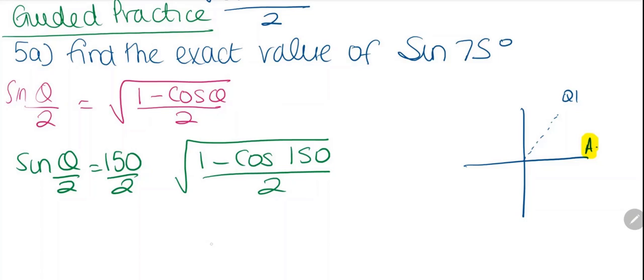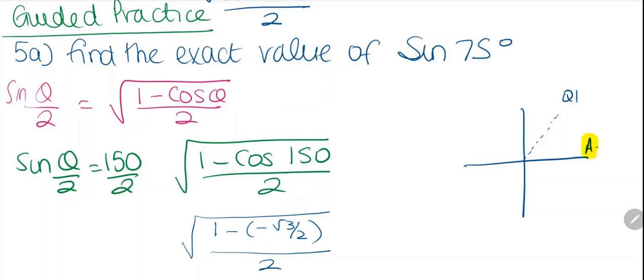So let's substitute in our value for 1 minus cosine. So instead of cosine, we are going to write the value of 150, and this is going to be minus root 3 over 2, and this is divided by 2.